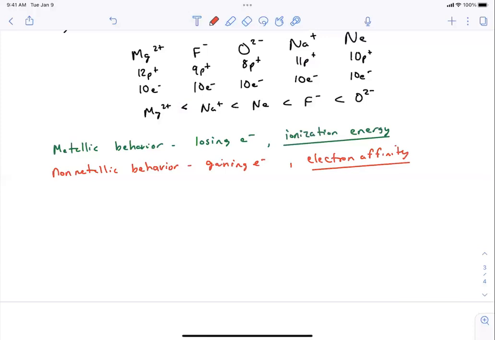And so the most non-metallic elements are ones that can gain electrons the best, which is the group 17, or halogens. So those tend to be the most non-metallic in the whole periodic table. The halogens, the ones with 7 valence electrons. So it is very beneficial to gain an electron there.